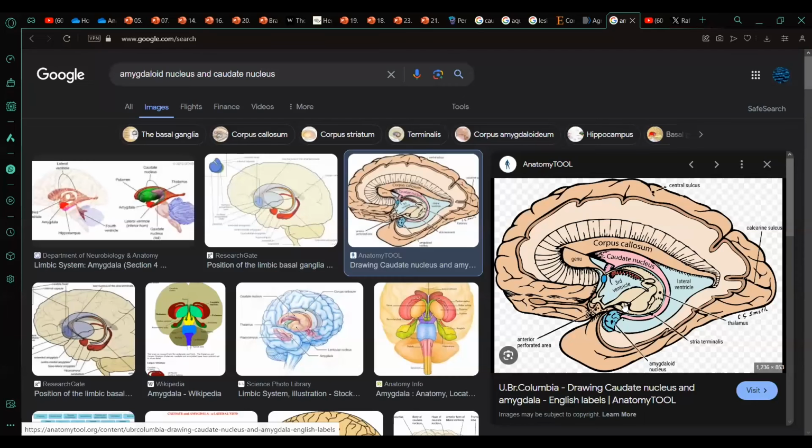Okay, so as you can see here, you have the amygdaloid nucleus, or the amygdala, over here, and it's connected up to the caudate nucleus as part of Papez's circuit. All right.